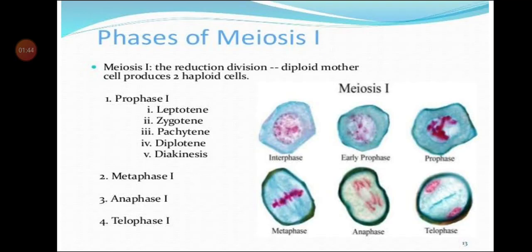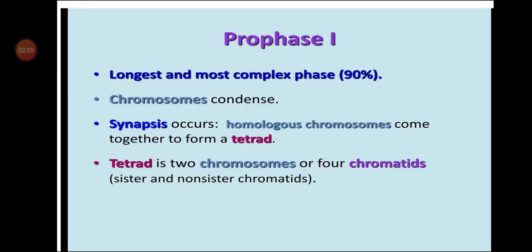In that, we started with prophase 1 and we have completed the sub-stages of prophase 1, that is leptotene, zygotene, pachytene, diplotene and diakinesis. So, we have already completed till here. Today, we will continue with the next phase, that is metaphase 1.